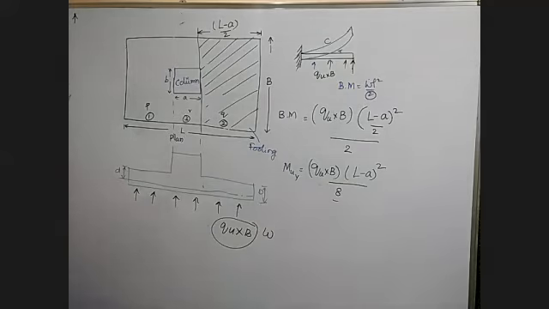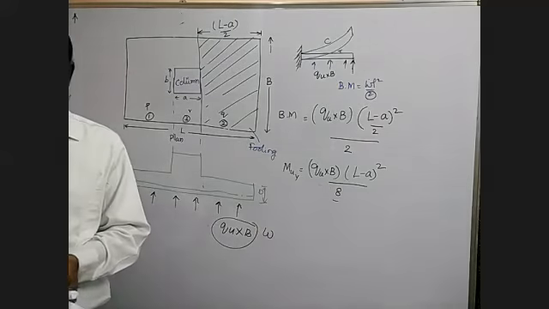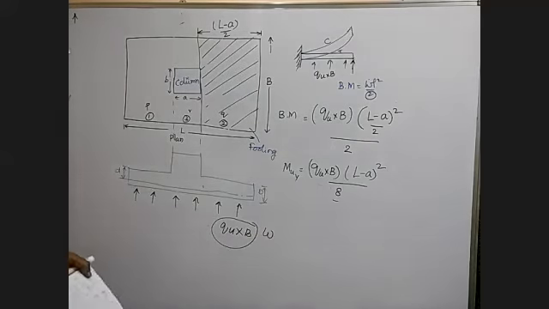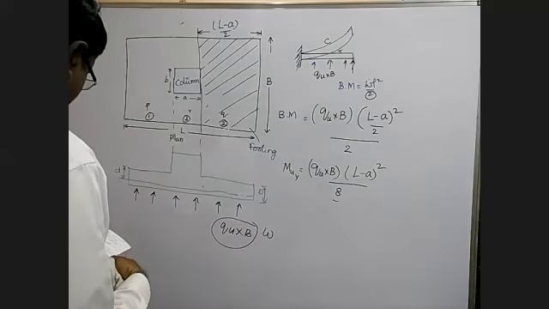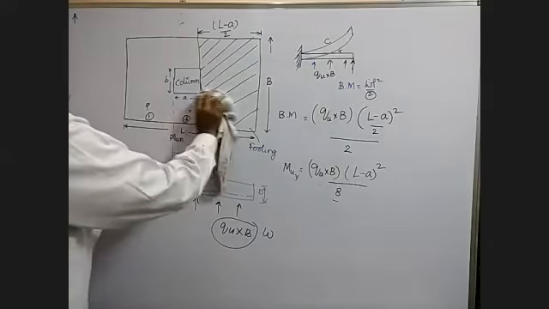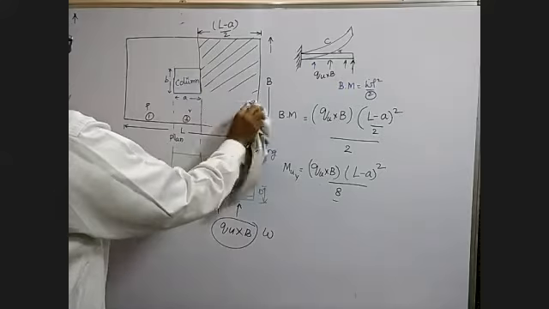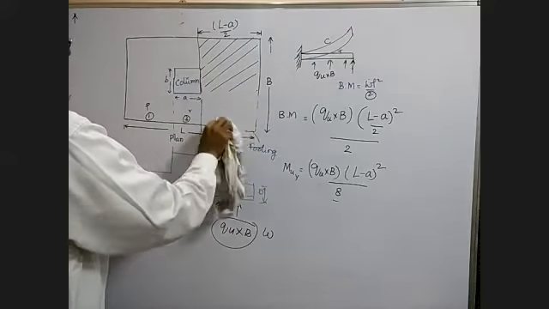Okay, follow? W L square by 2. Now coming to MUX, what is the value here? Now see here, in the other direction what is coming?